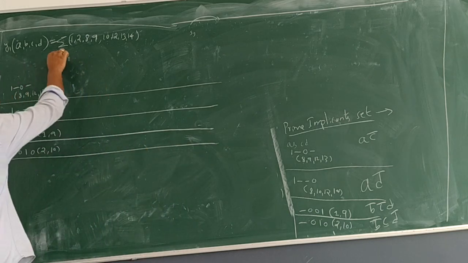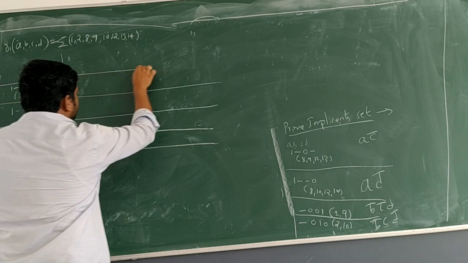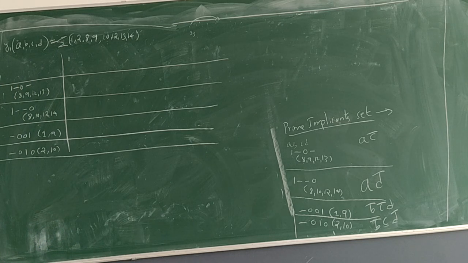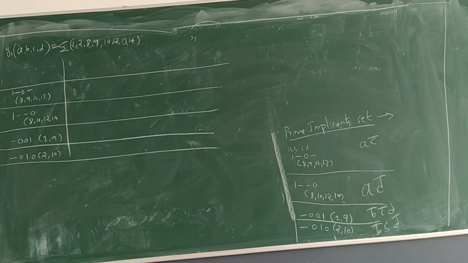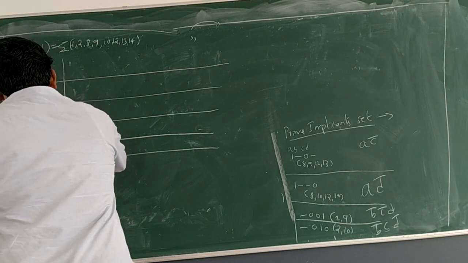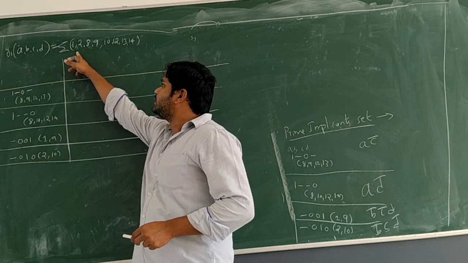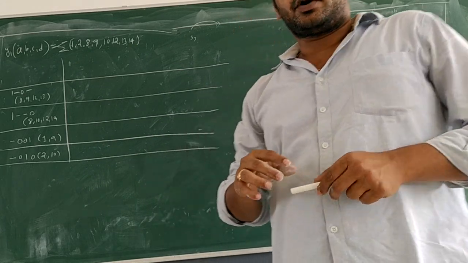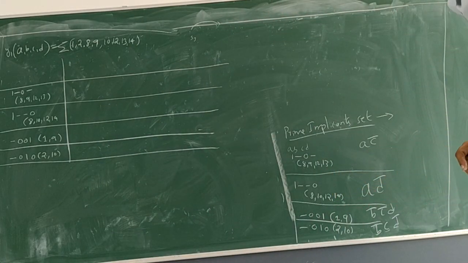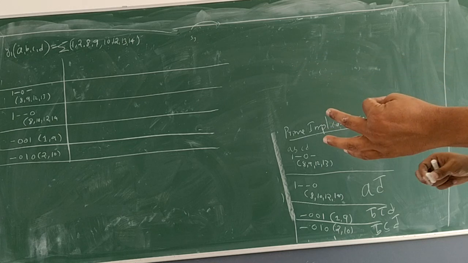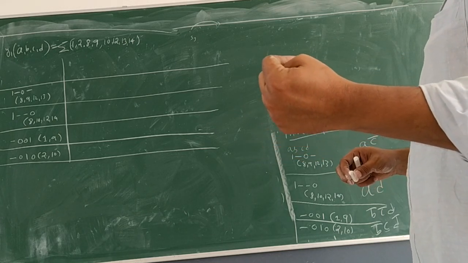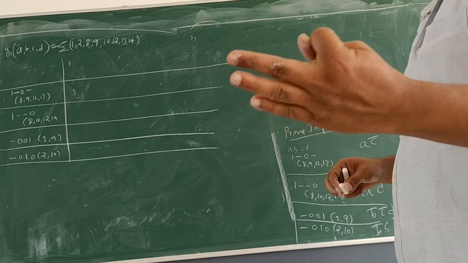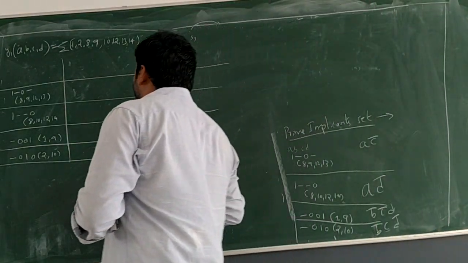So these are the rows of a table for finding essential prime implicants and optional prime implicants. Now what are the columns here? Columns will be the terms given in the problem. How many terms are given? 1, 2, 8, 9, 10, 12, 13, 14. So there will be 8 columns.